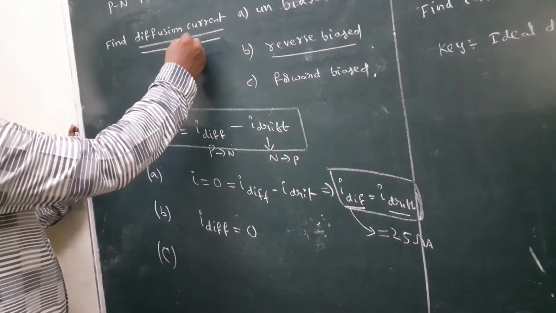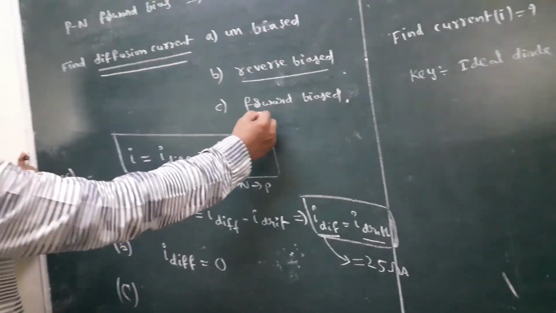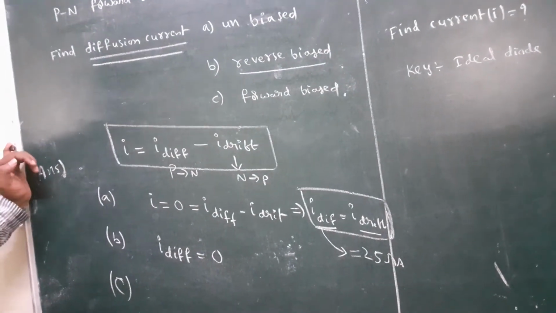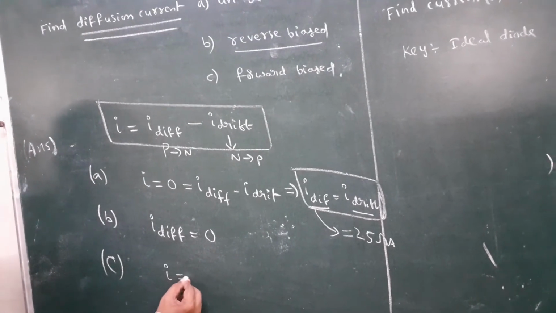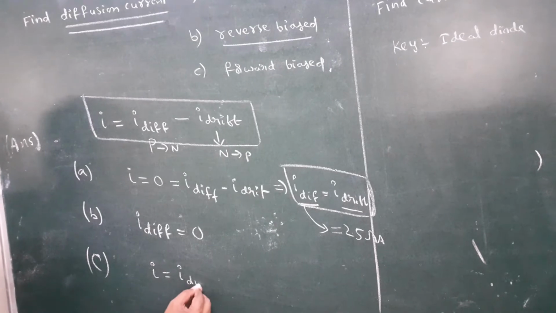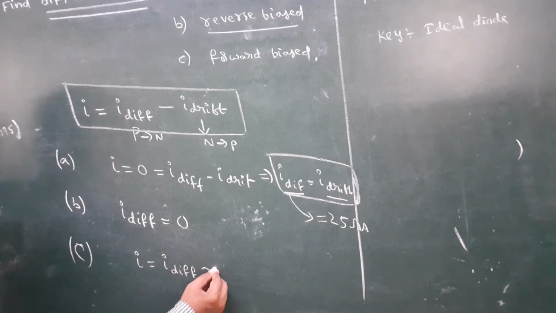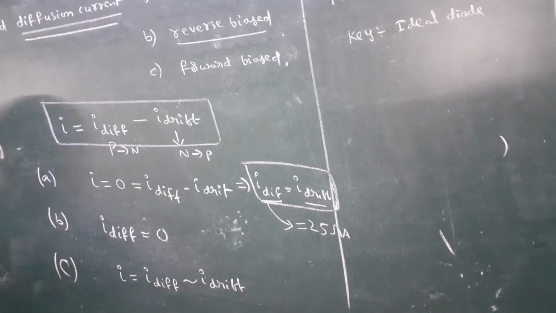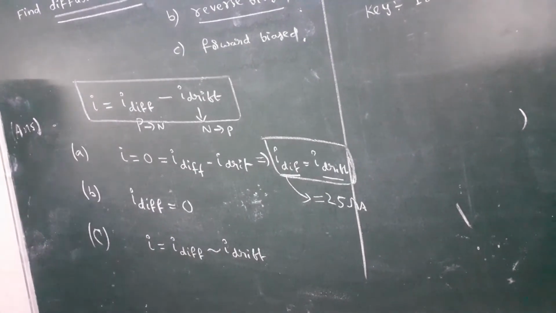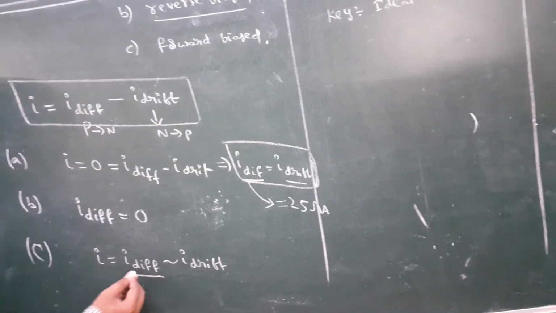Here find the diffusion current in which bias? Forward bias. In forward bias the formula for current is I equals I diffusion minus I drift. This is the formula for current, and here the diffusion current can be determined.